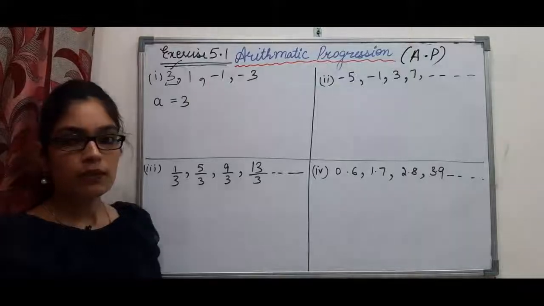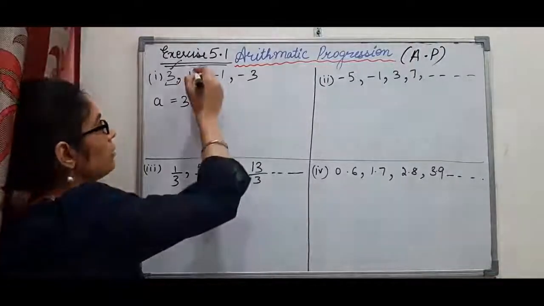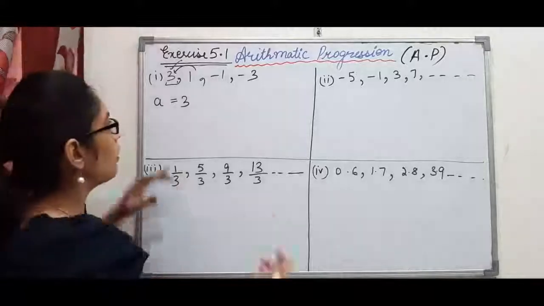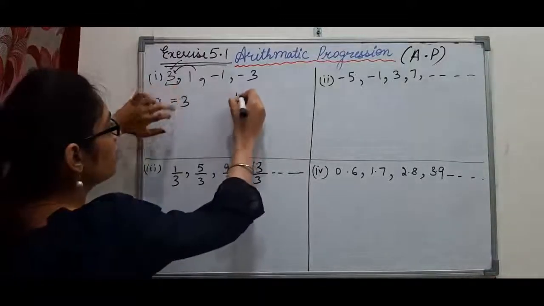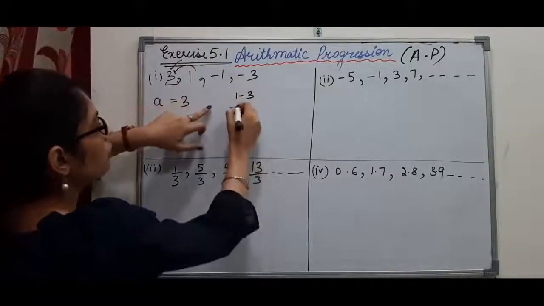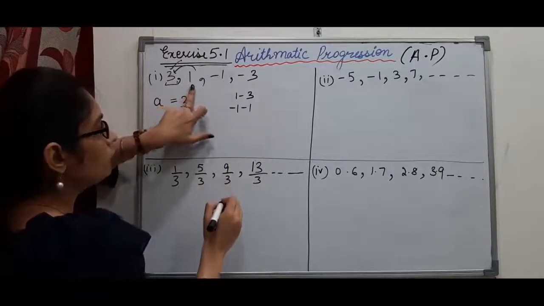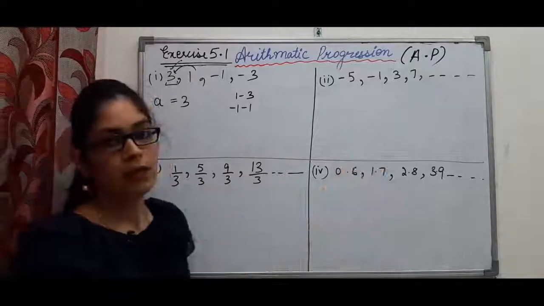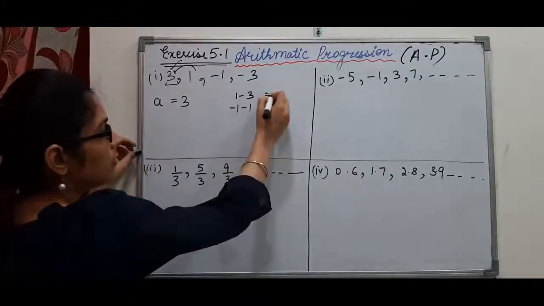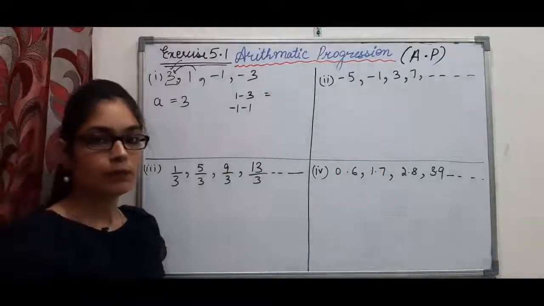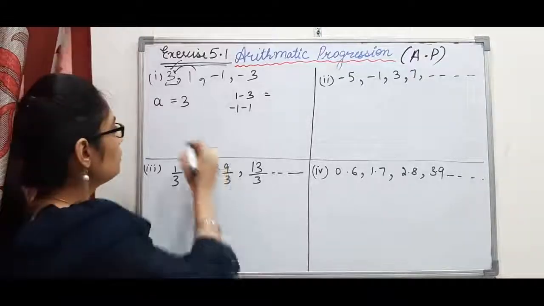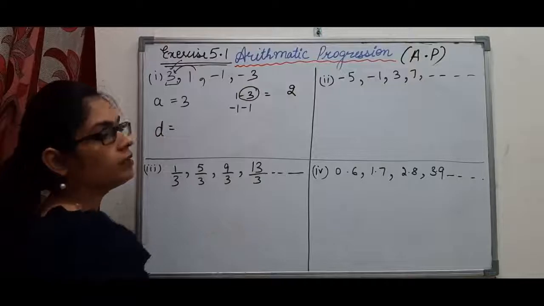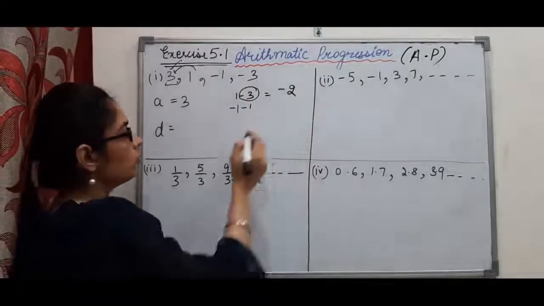Now the common difference you can find by subtracting any preceding term from the successive term. So I can do 1 minus 3, or minus 1 minus 1 also. Any of the terms, the common difference will be the same since all of these are APs. So 1 minus 3: 3 minus 1 is 2, and the sign of the greater number, so minus 2.